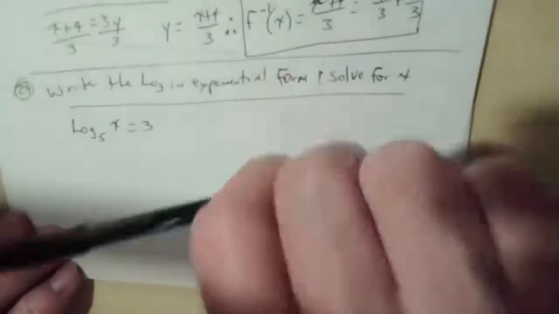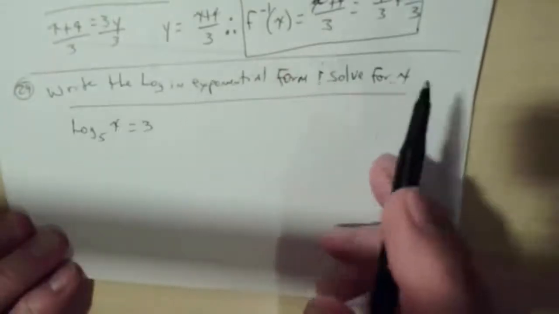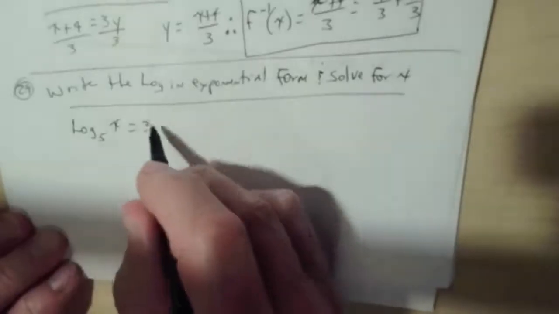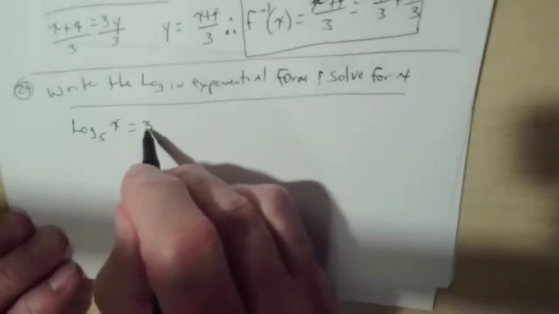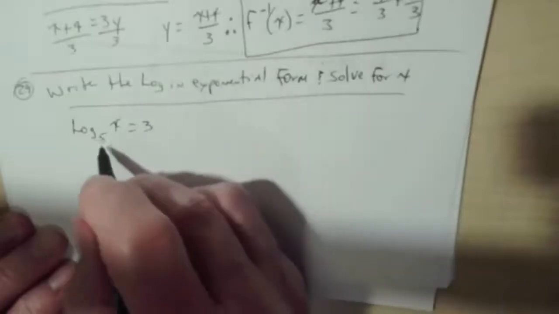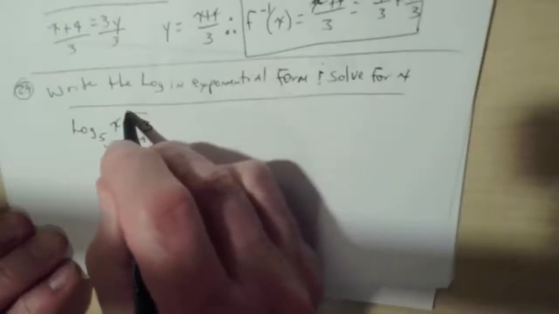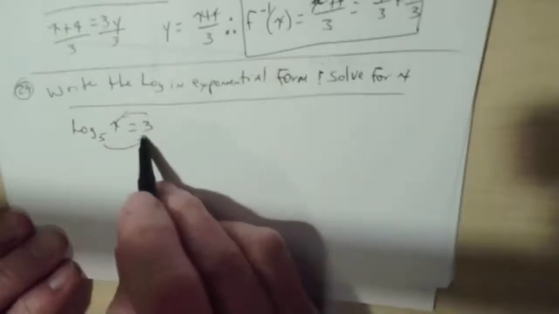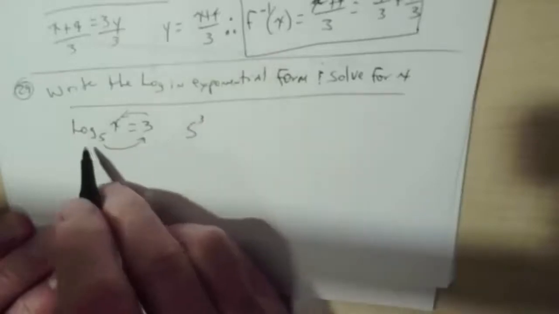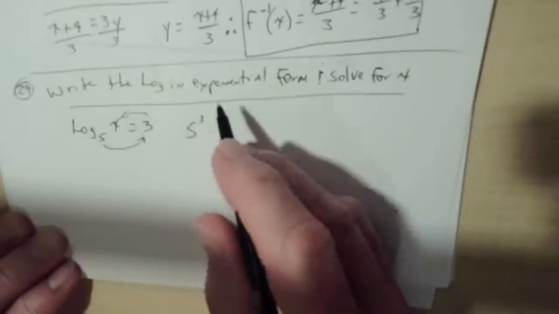Okay, this one, write the log in exponential form and solve for x. Now remember, this is the exponent over here. That's what the logs are really all about, is finding the exponent. So it goes this way. 5 to the third power equals x.